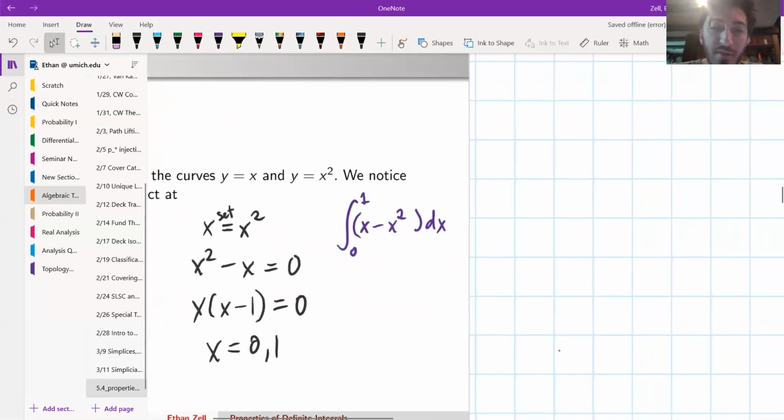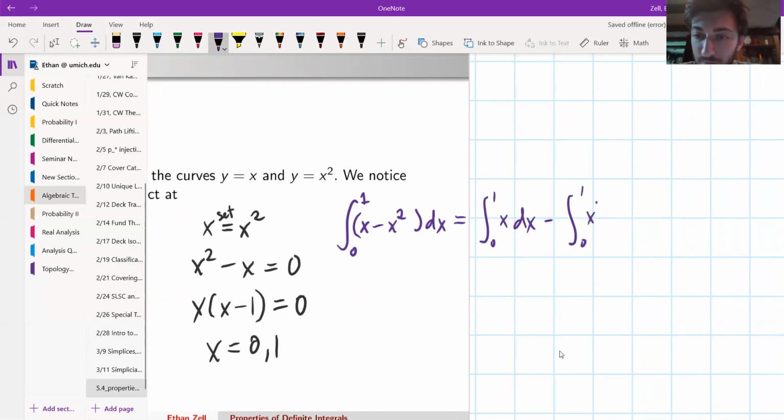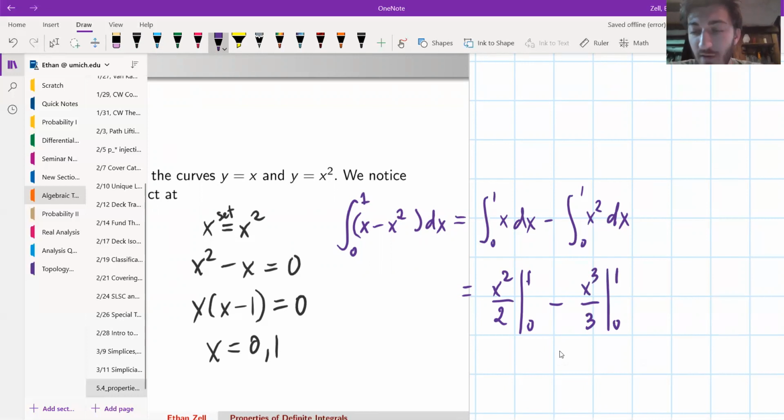Now I might want to make my life a little bit easier and separate these things, using the linearity of the integral that we talked about before. So I get the integral of x dx minus the integral of x squared dx, both again from 0 to 1. Then we can do the anti-power rule, and we see that the first integral is x squared over 2 from 0 to 1, minus x cubed over 3 evaluated from 0 to 1.